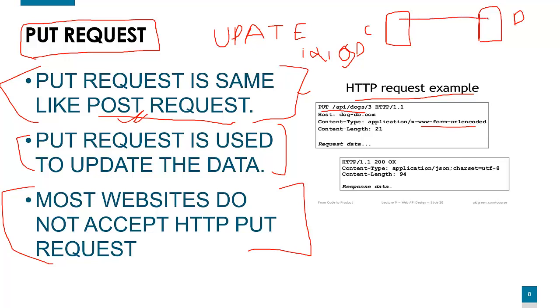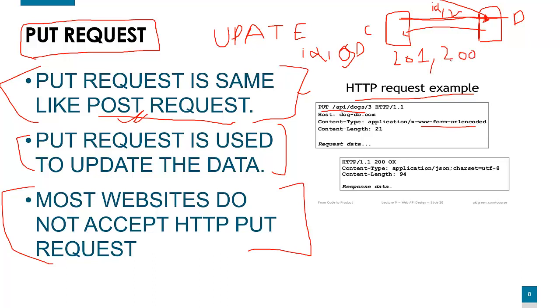It will take a unique ID, or the field you want to send. If the ID matches, it will update the data and send us a response with status 200, or you can say 201 or 200.